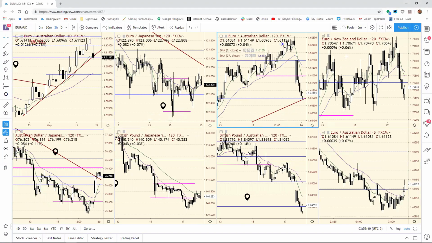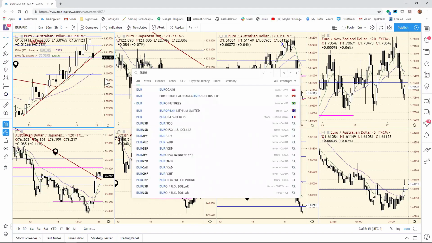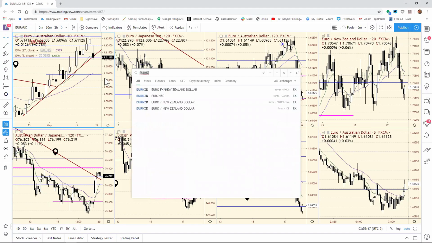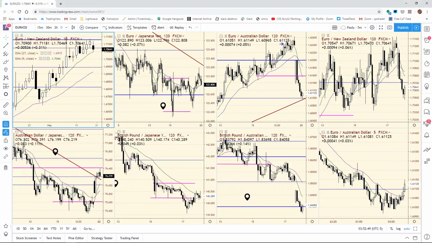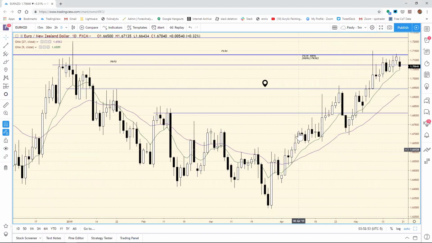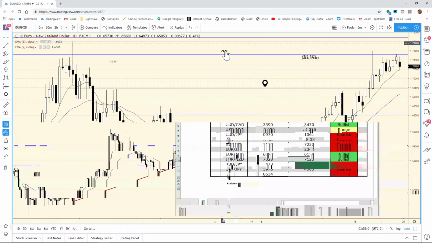And onto the Euro Kiwi. Euro Kiwi has reached major level 71.31. You can see it right here.